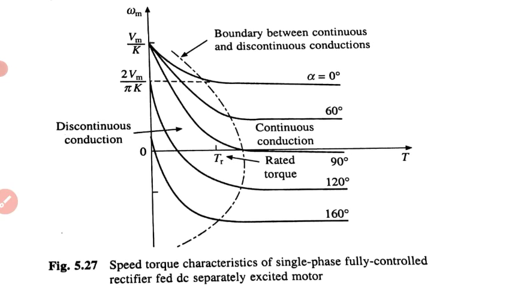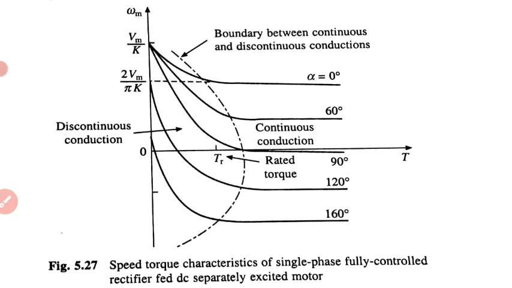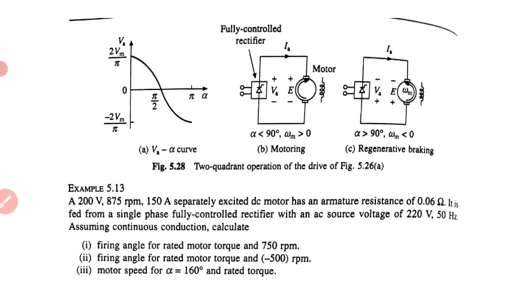Here it is also given: alpha 0 and alpha 60 are first quadrant. If alpha is 90, 120 and 160, it goes to the fourth quadrant.